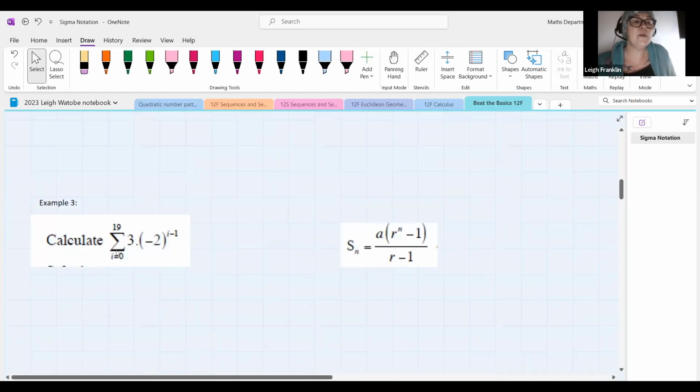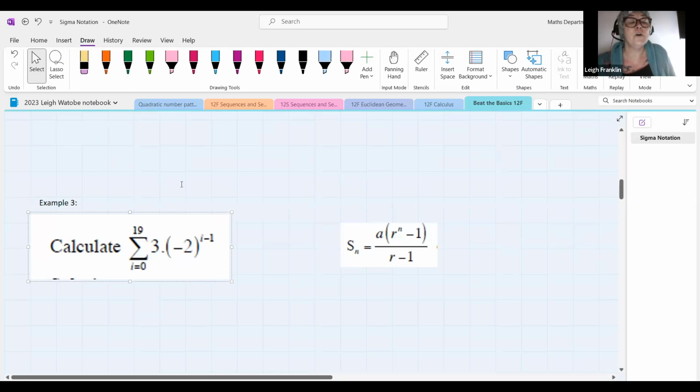So this one over here, we're calculating the sum from i equals 0 to 19 of 3 times (negative 2) to the (i minus 1). Okay, so this is an instruction to calculate the sum of a series, using our geometric formula.